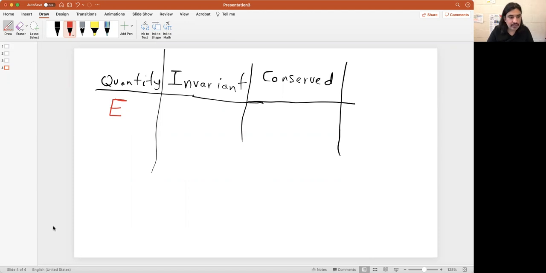So now let me give you the real question. I'm going to ask you for some quantity, whether you think it's invariant first, and then a second question, whether it's a conserved quantity. And the first quantity we're considering is energy, okay? So is energy an invariant quantity?